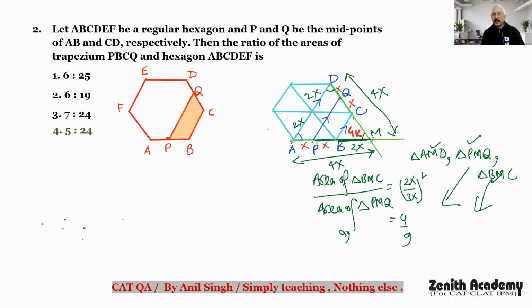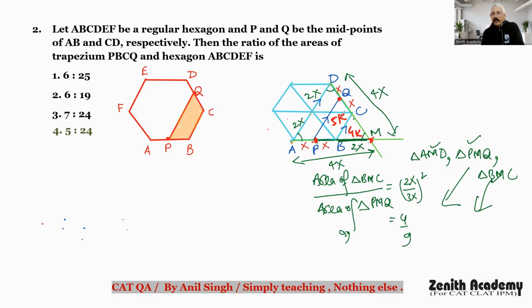This is 4K. This is 9K. Okay. It means trapezium area will equal 5K. So 4K plus 5K is 9K, right? So now you have an area of this trapezium.